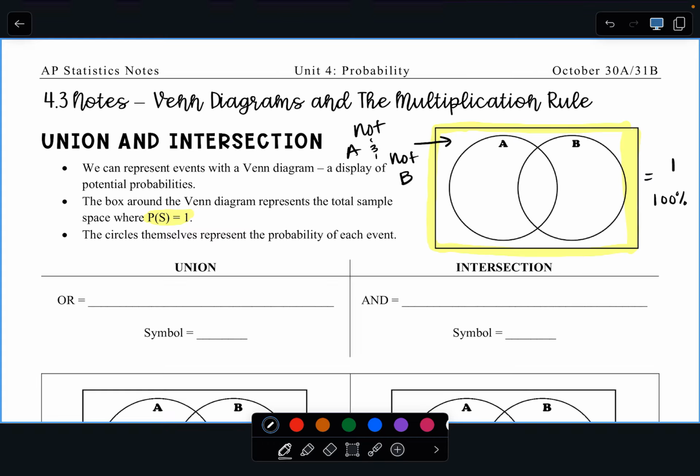They will always give you enough to get to where you need to go. So if they want you to find the probability of not A and not B, they will give you everything that's inside, and you just have to know in total, this whole thing equals 1. So I take whatever I have, I subtract it from 1.